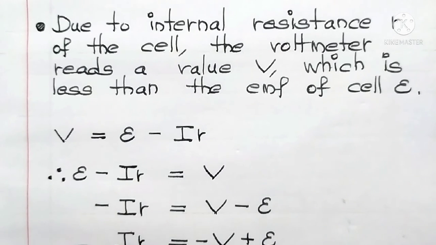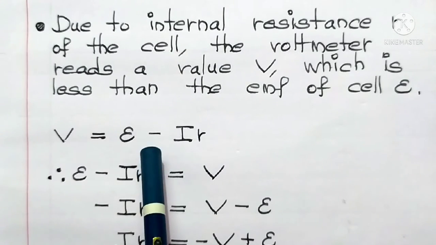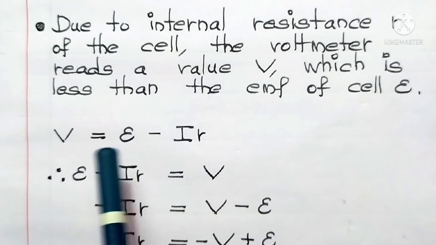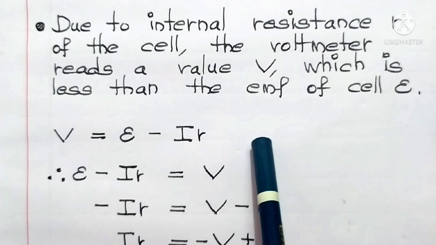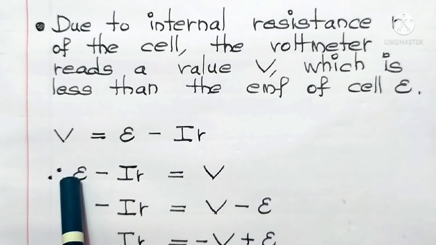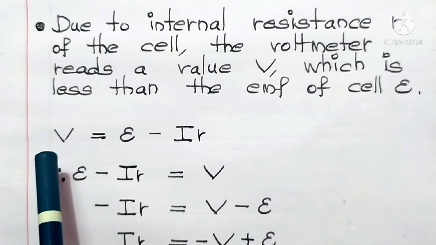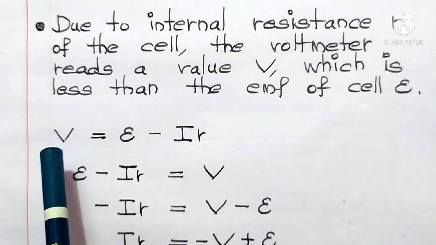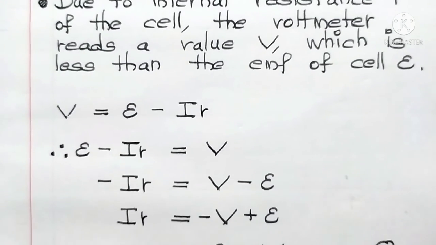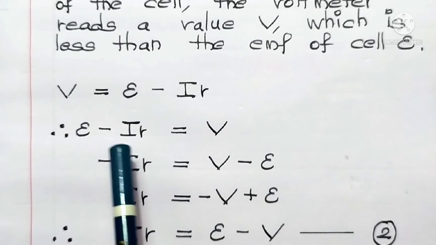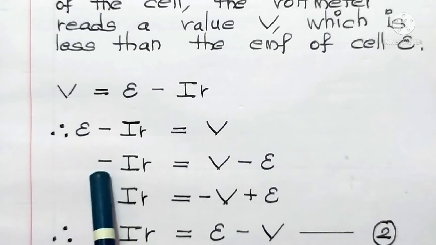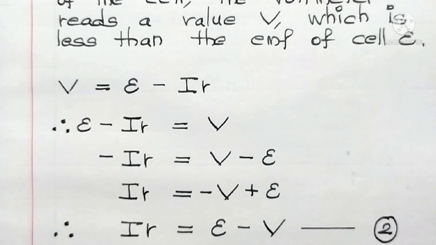In the next step, I have interchanged the terms. The term at the right hand side, I have brought it to left hand side, and the term at the left hand side, I have brought it to the right hand side. In the next step, minus Ir is equal to V minus E. In the next step, I have changed the signs.